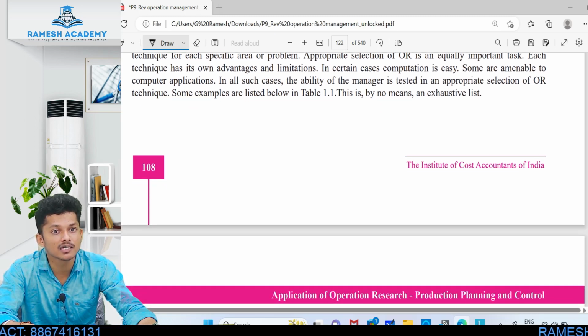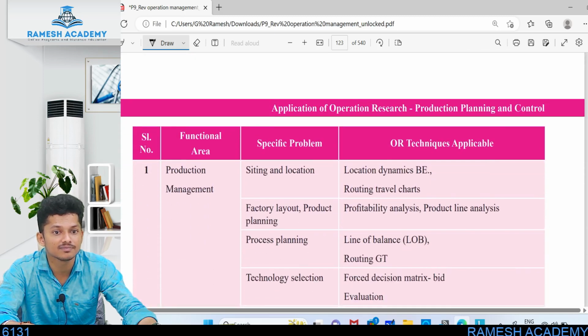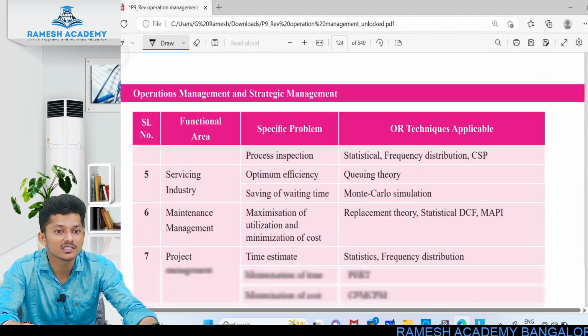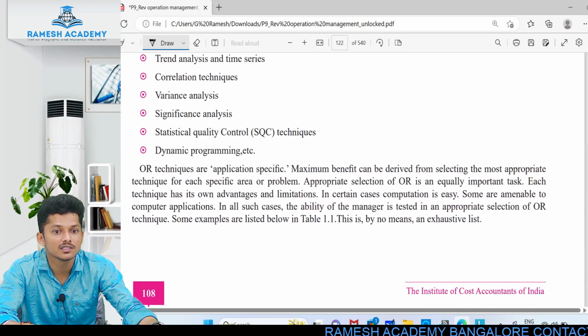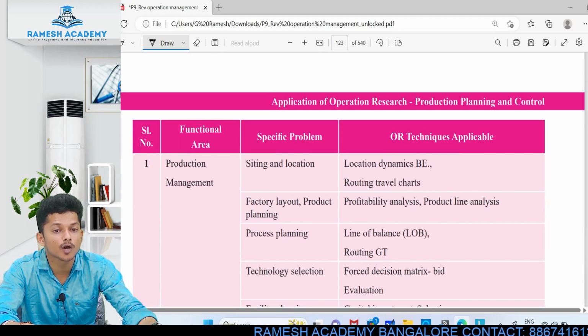Some examples are listed below. This is by no means an exhaustive list. Okay, see, you need not go through this. It is just for information purposes that they gave that list. See, that is nothing but what the functional area is, what problem arises there, and which technique applies there.